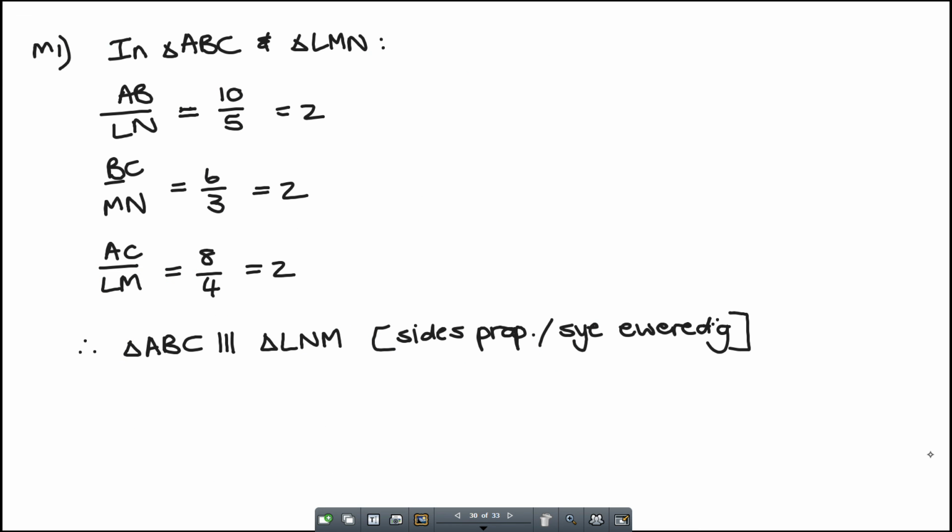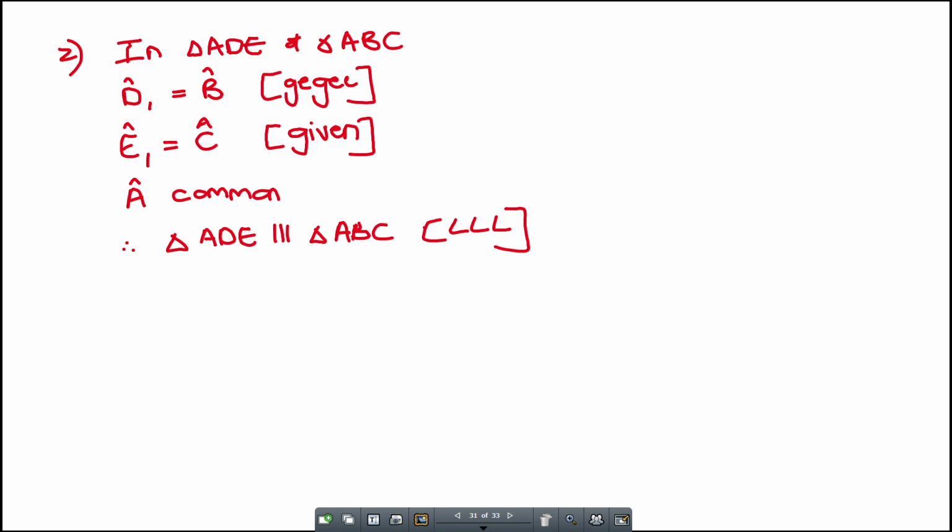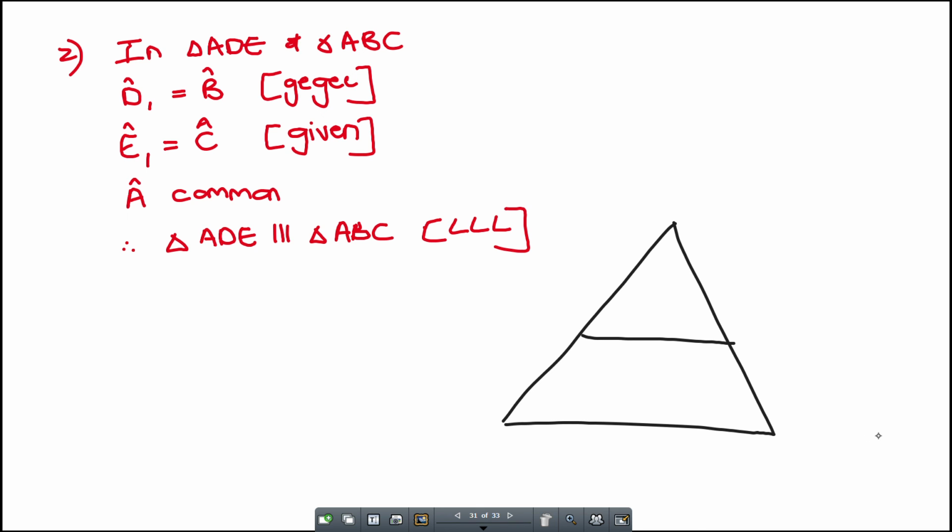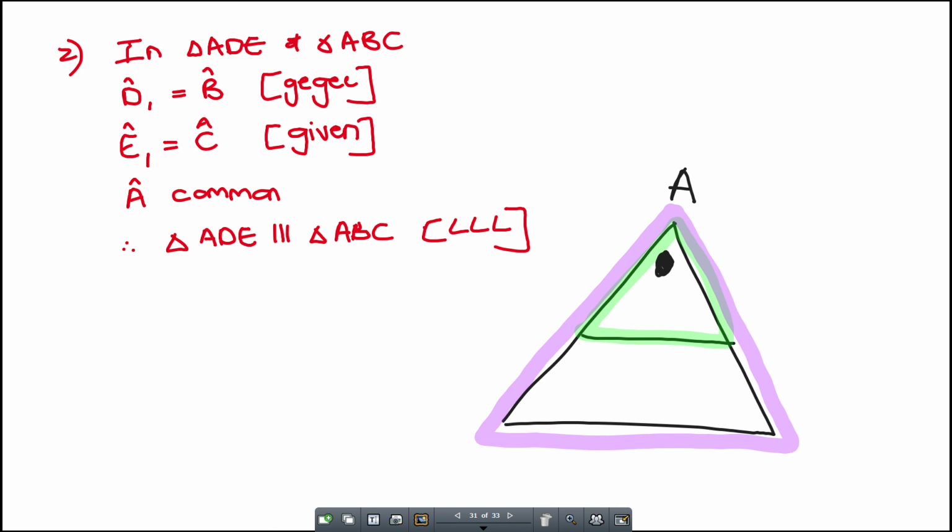At M2. Okay, so if you look now, those two little triangles, this triangle, A is part of that. See? And if I use that big triangle, can you see A is also part of that triangle?